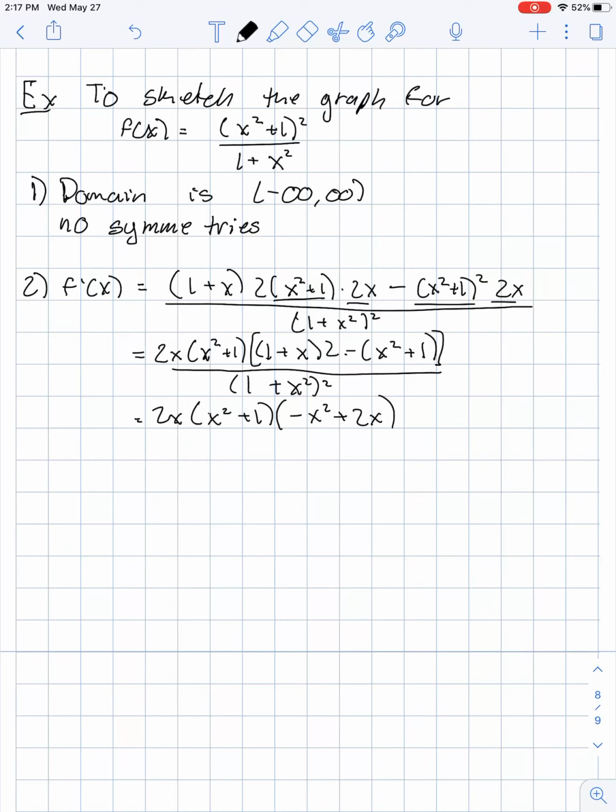Sorry, my pen is going in and out. Make sure that's what the textbook got. Oh, there it is. That's a squared. So then this is a squared.